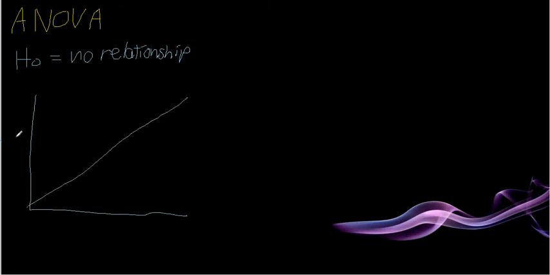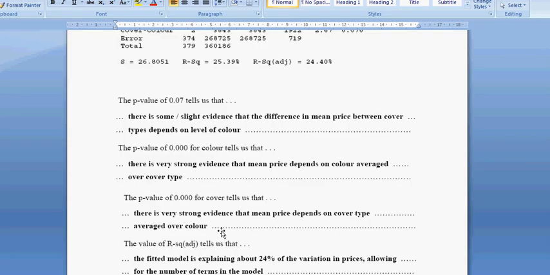Well, this one would again be price and cover. So this would be hard cover, this would be soft cover. Something like that, so there's a relationship, there's a slope there. So if it says depends, it means relationship. So mean price depends on cover type.